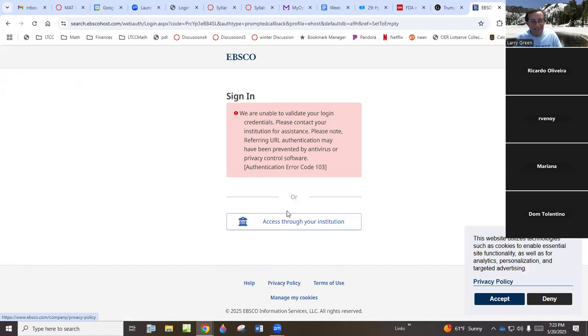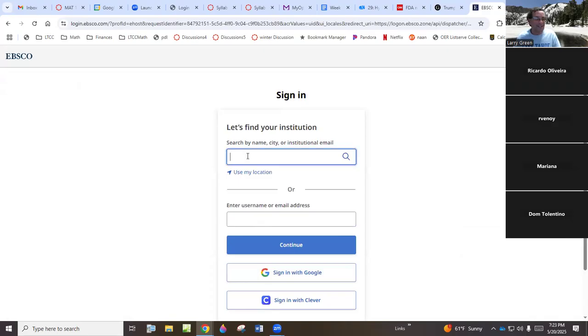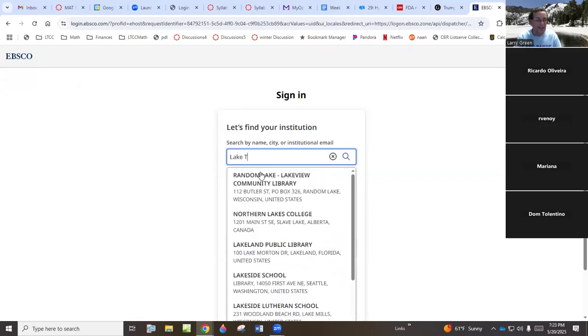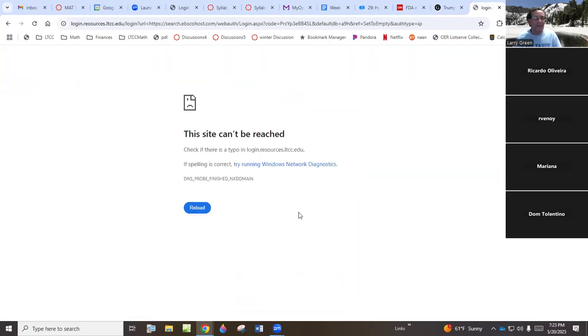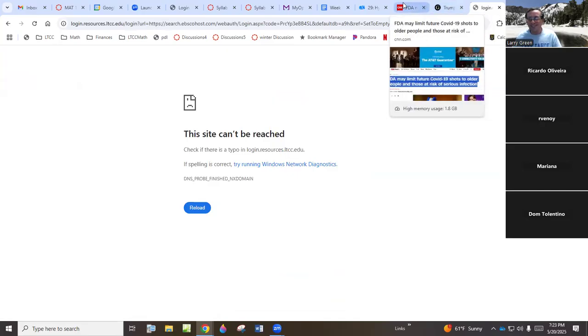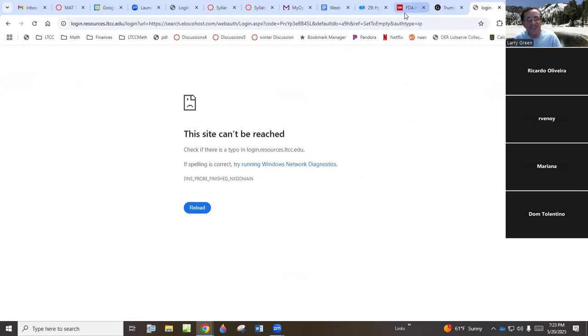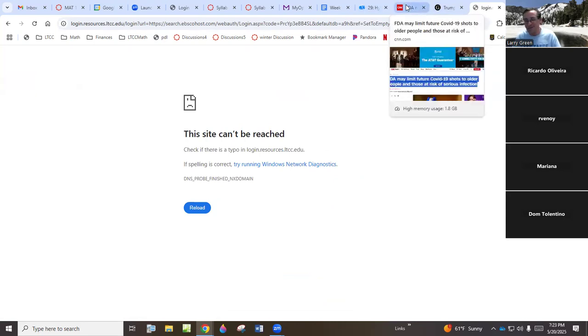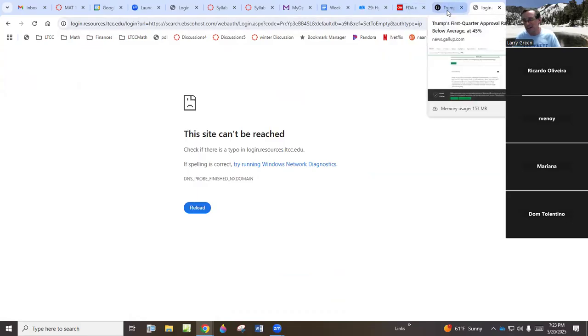Unable to validate my login credentials. Maybe the login's down. Sorry. I've never had this happen before. But anyway, if you go there, you can search for articles if the site's not down. I'll talk to the librarian tomorrow if it's still not working.